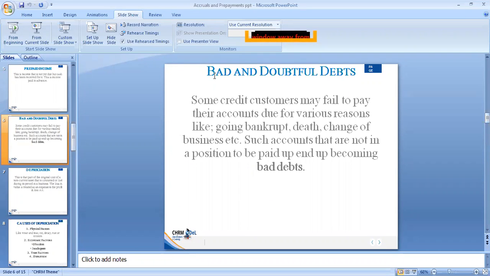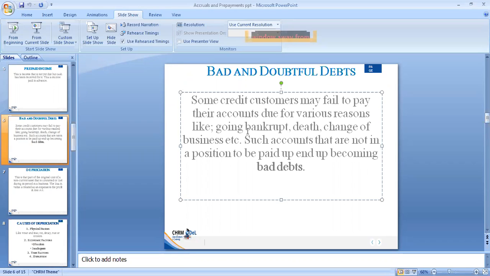So a bad debt is a debt that the business has confirmed to be unrecoverable. Either the customer is bankrupt, or the customer died, or whichever the reason, you have confirmed the customer will never pay you. Once you confirm it, then that debt becomes a bad debt.